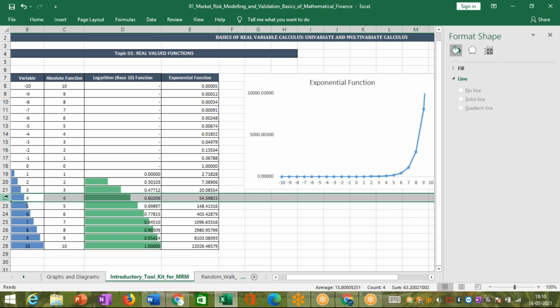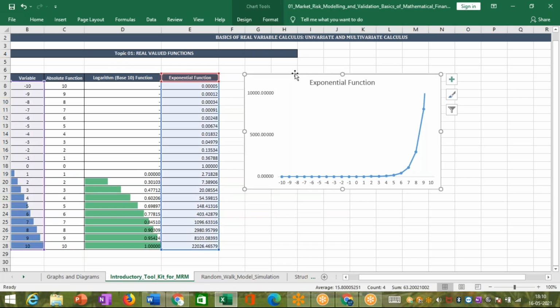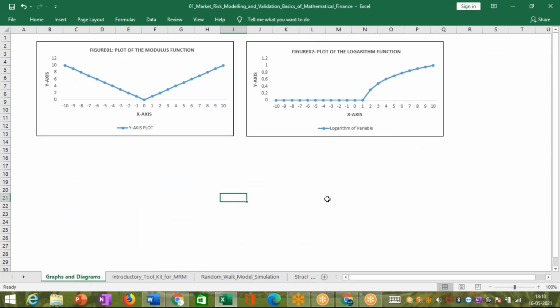So after a point of time, this number will start becoming explosive, right? So this is how an exponential function typically looks like. One thing you can see is that this function tends to have highly nonlinear properties.